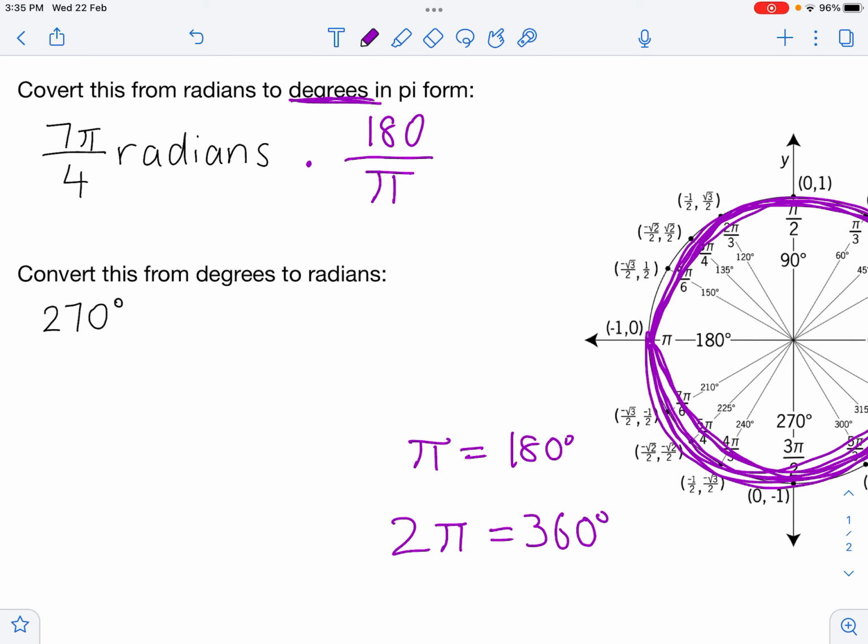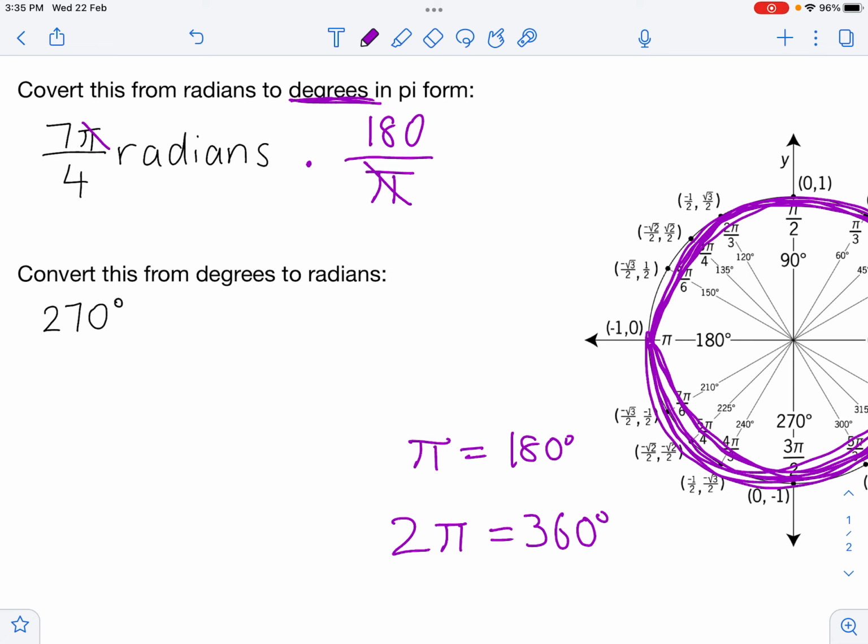When converting from radians to degrees, you times 180 over pi. When converting from degrees to radians, you times pi over 180. I'll show you how to do that later. But basically, when you see the pi in the numerator, then you multiply by 180 over pi, where pi is in the denominator, so that I can cross them out easily.